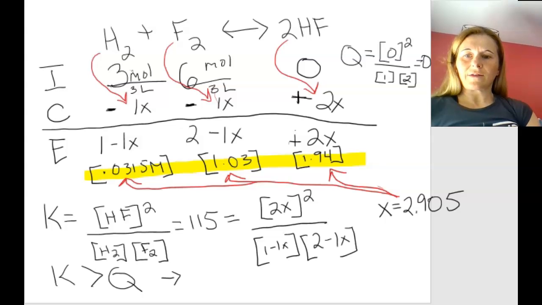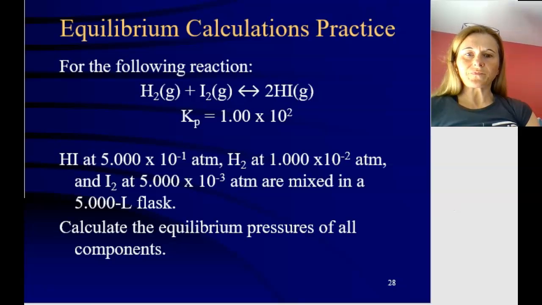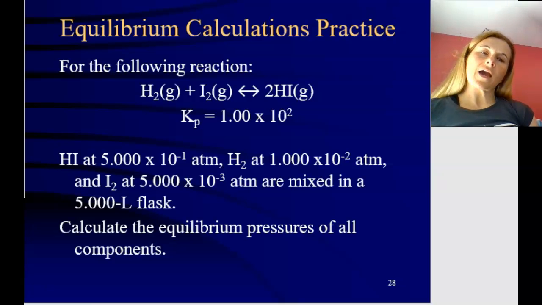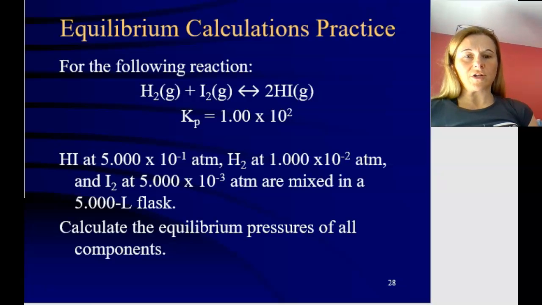All right, let's look at another one. For the following reaction, we have hydrogen gas and iodine gas, and they are synthesizing to produce hydrogen iodide. And we have a Kp, because we're in gas, so we have our pressure, our equilibrium constant of 100, basically.